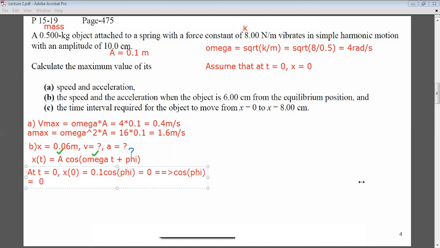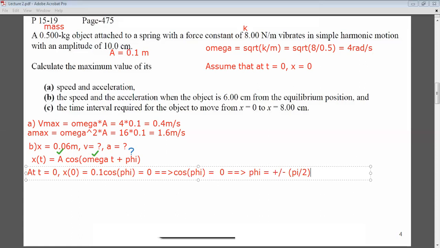So how much is phi in this case? What is the angle whose cosine is 0? We get that phi equals plus or minus pi over 2. Here the problem is that to know if it is plus pi over 2 or minus pi over 2, we need more information about the velocity at time equal to 0.